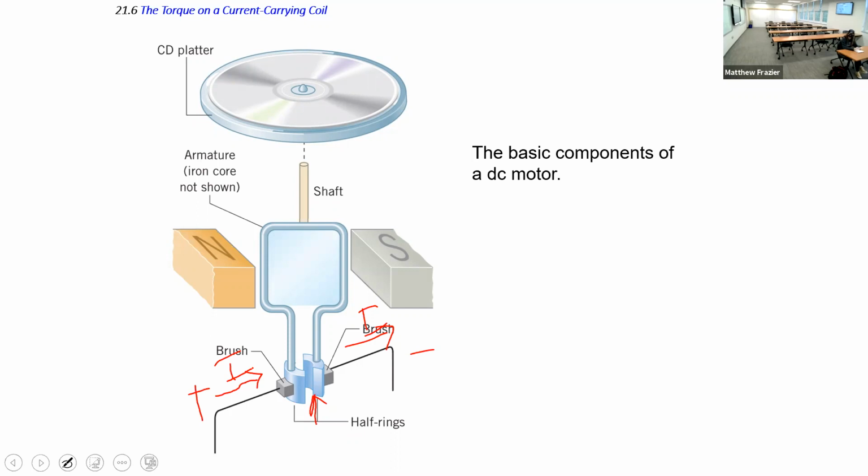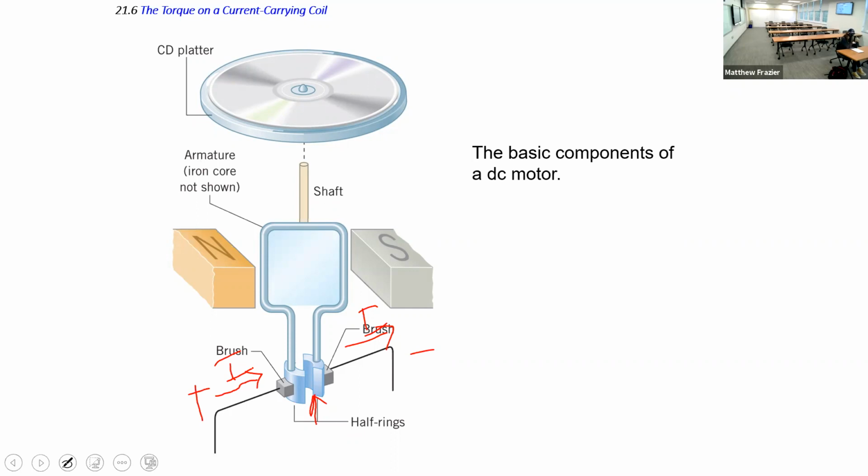To be clear, there are other forms of motor. There's what's called brushless motors. Instead of having a permanent magnet, they have a set of coils, and the field in the set of coils changes as the rotating coil rotates.